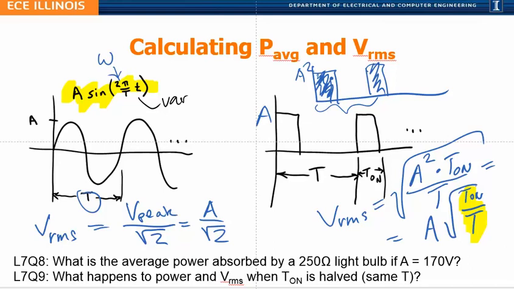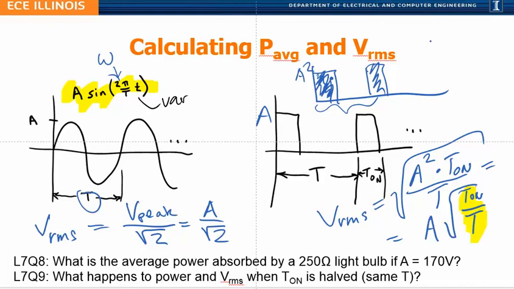So VRMS is the effective voltage, that if it were constant, would deliver the same power as the waveform that we're talking about. That's why when we talk about the wall outlet voltage, we sometimes say 120 volts. That is RMS.